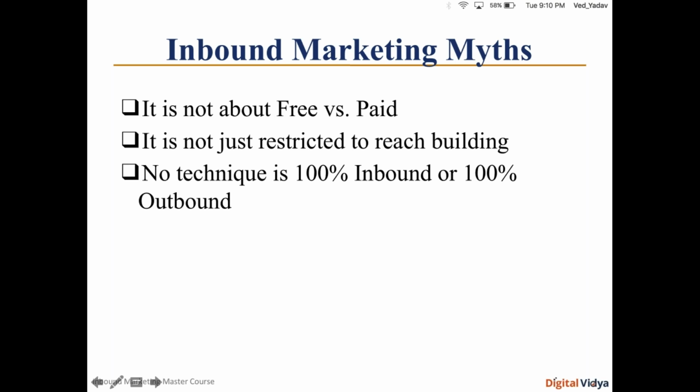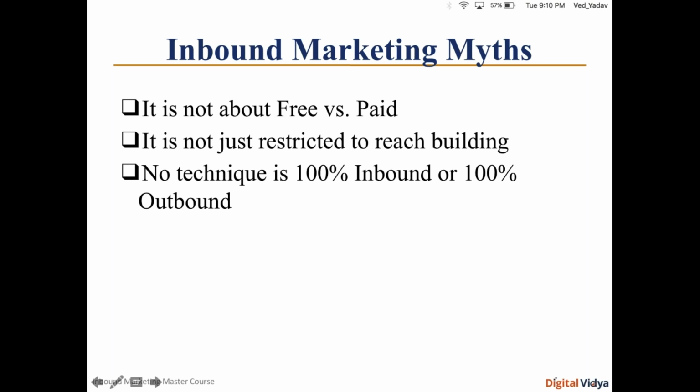Let's say you know what people have done on the website, but if you had much more information, personal information about what they have done on other websites, you will be able to better personalize the content that you're sending. So there will always be scope to do much more personalization than what you're able to do. So no technique is 100% inbound.